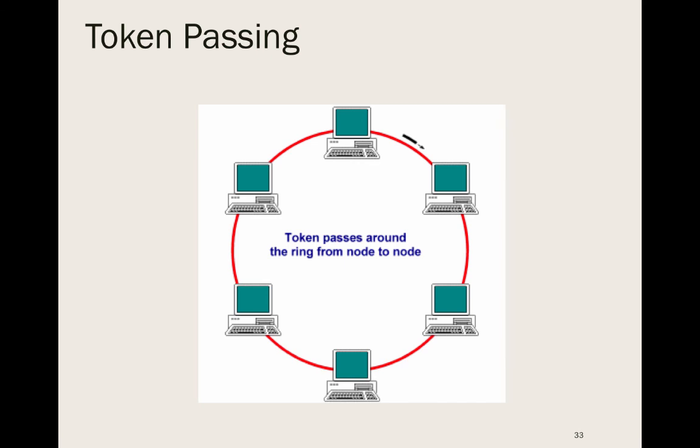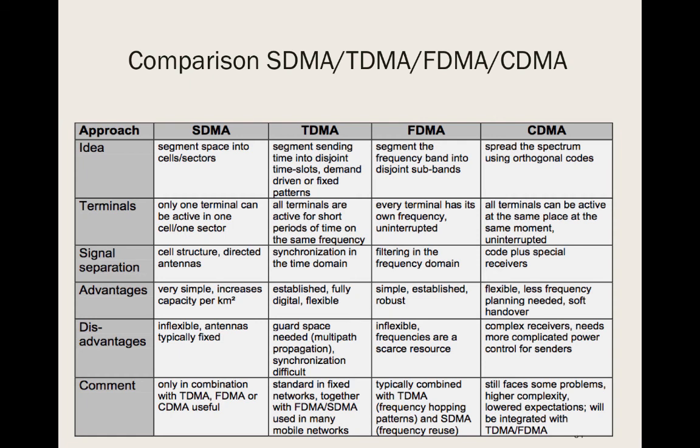In token passing, a signal goes through the circle, basically going through the ring of devices, and gives access to each station. In this method, there is no central terminal managing the access granting.